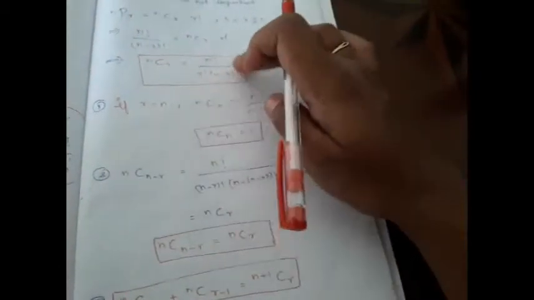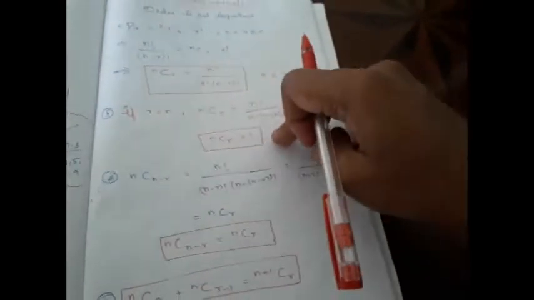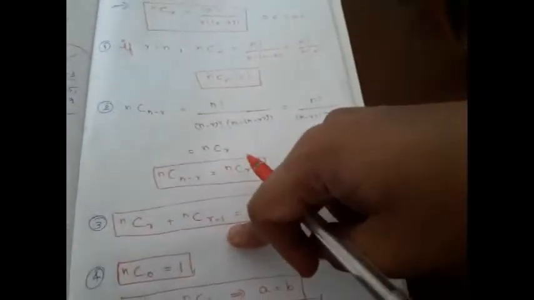So far we have seen 5 results. The actual formula, first of all: what is nCr? n factorial divided by r factorial into n minus r factorial. Then nCn is 1 and nC0 is also 1. Then nC(n minus r) is the same as nCr, and nCr plus nCr minus 1 is n plus 1 Cr.